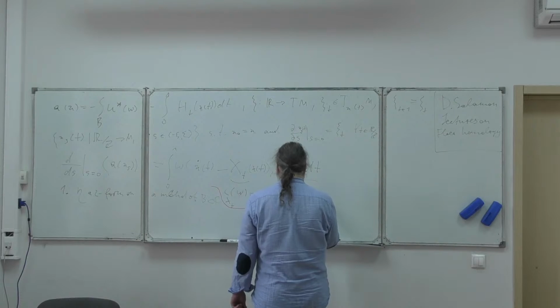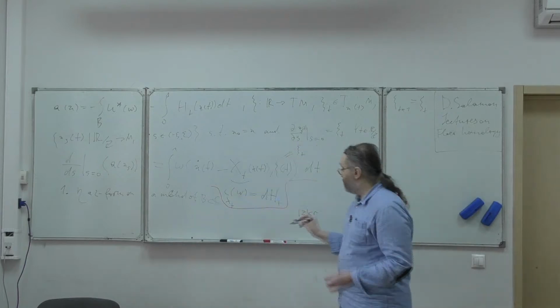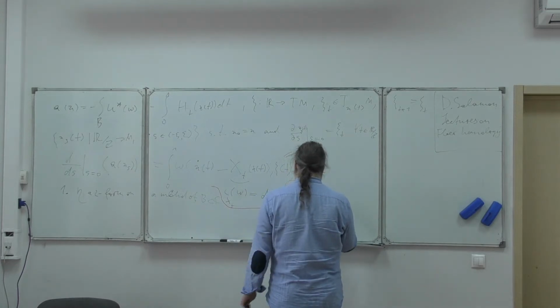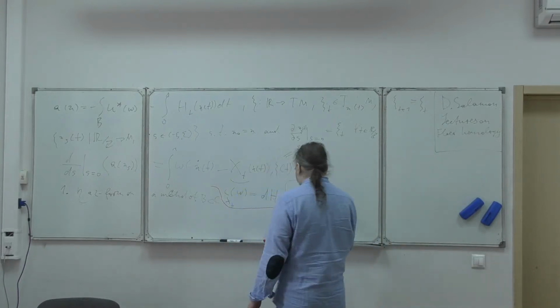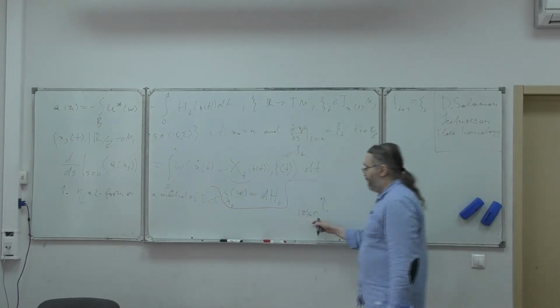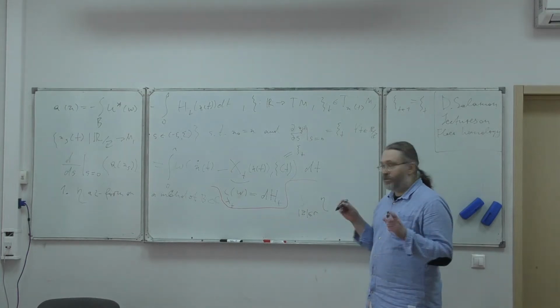I take r close to 1, and I want to consider the integral of the two form eta along the disk of radius r, centered at the origin.